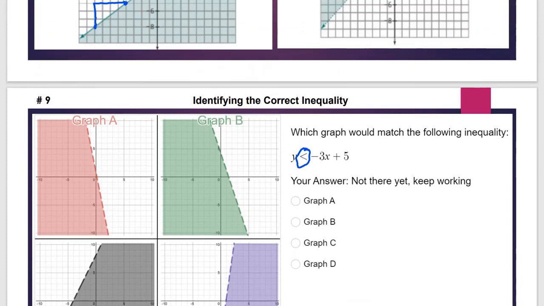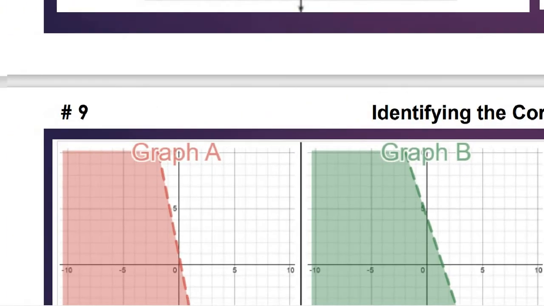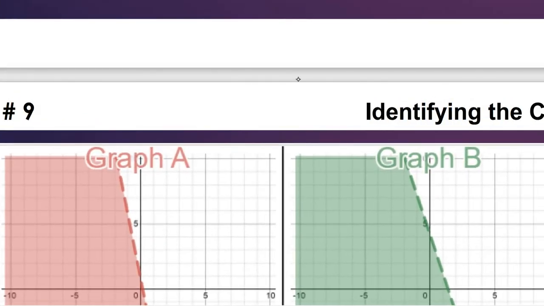Now, in order to tell if it's less than or not, which side it's shaded on, count the blocks across here. I see I have 1, 2, 3, 4, 5, 6, 7, 8. So this is the less than side. And then notice over here, I have 1, 2, 3, 4, 5, 6, 7, 8, 9, 10, 11, 12.